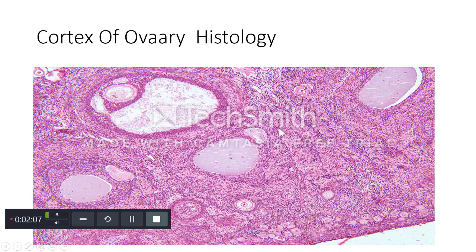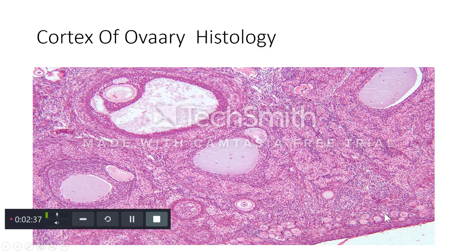And then use the medium-power lens. With this lens, you observe this form of the ovary cortex. From outer to inner it consists of the tunica vaginalis, the tunica albuginea, and the primary oocyte.